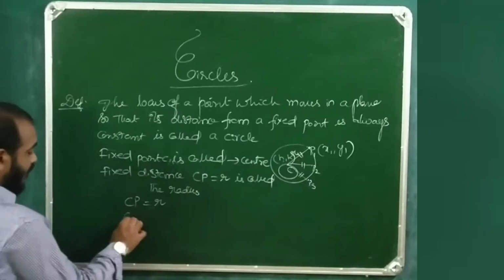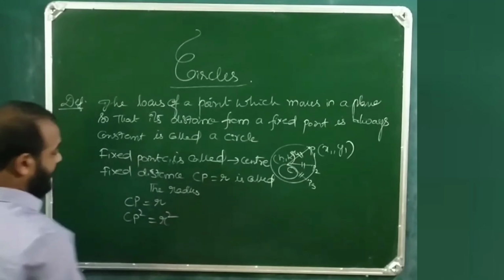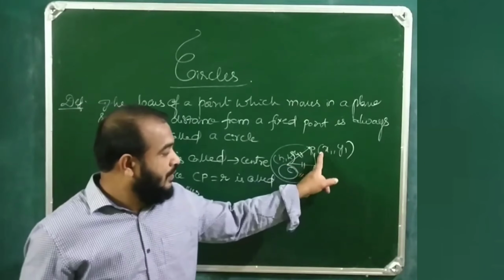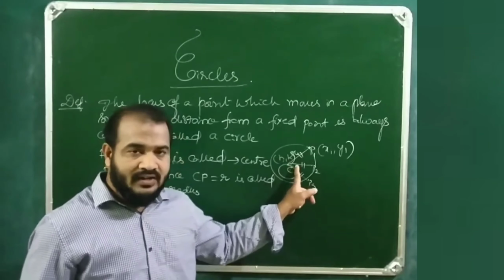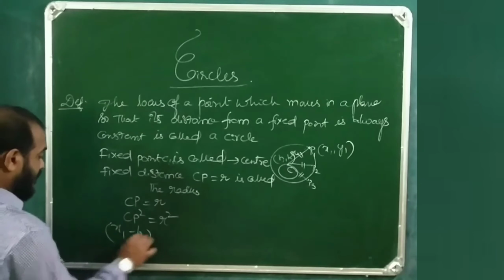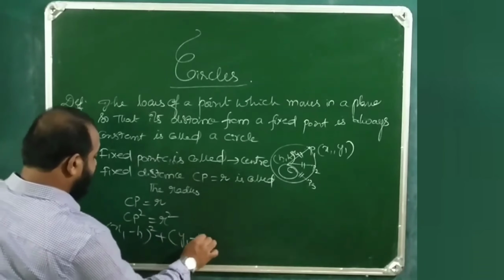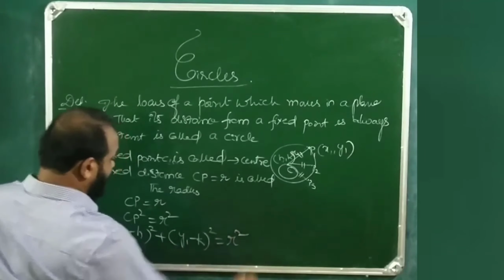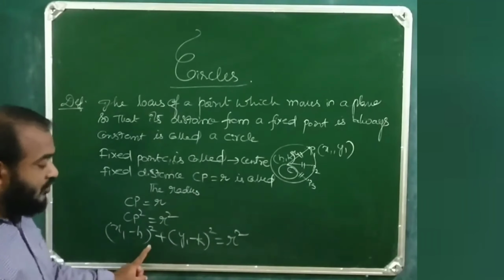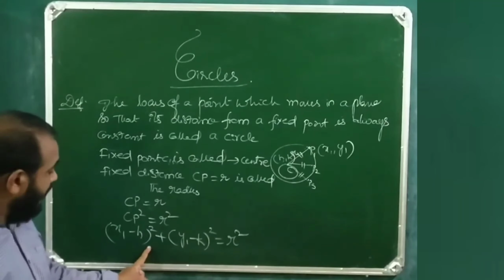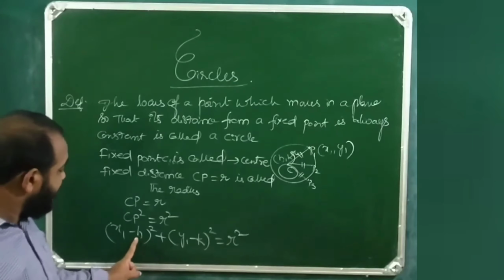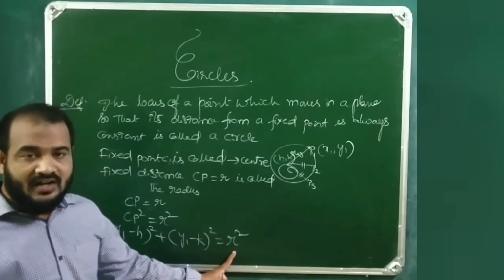If you square on both sides, CP squared equals r squared. CP is the distance between the 2 points P(x1, y1) and C(h, k). So the distance is (x1 minus h) whole squared plus (y1 minus k) whole squared equals r squared. So this is called the equation of a circle in its central form, when center C(h, k) and radius r are given.